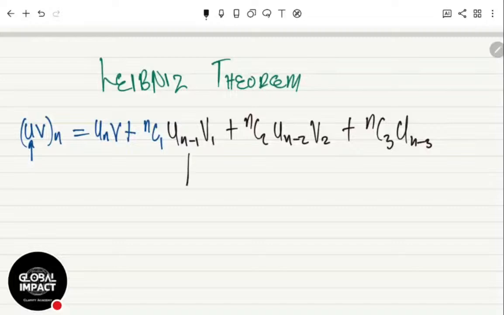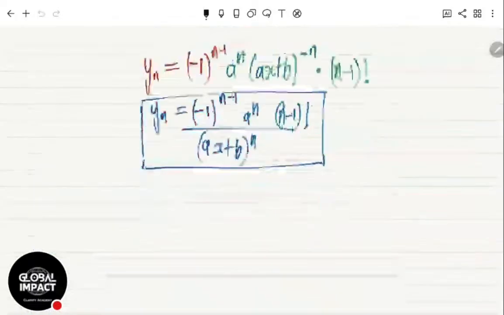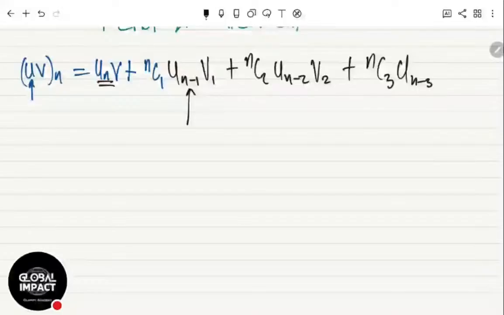To get this, you need the formula for the nth derivative. That's why we taught you that first. In the formula for the nth derivative, you just put n minus 1 wherever there is n, and you have the formula for the (n minus 1)th derivative.